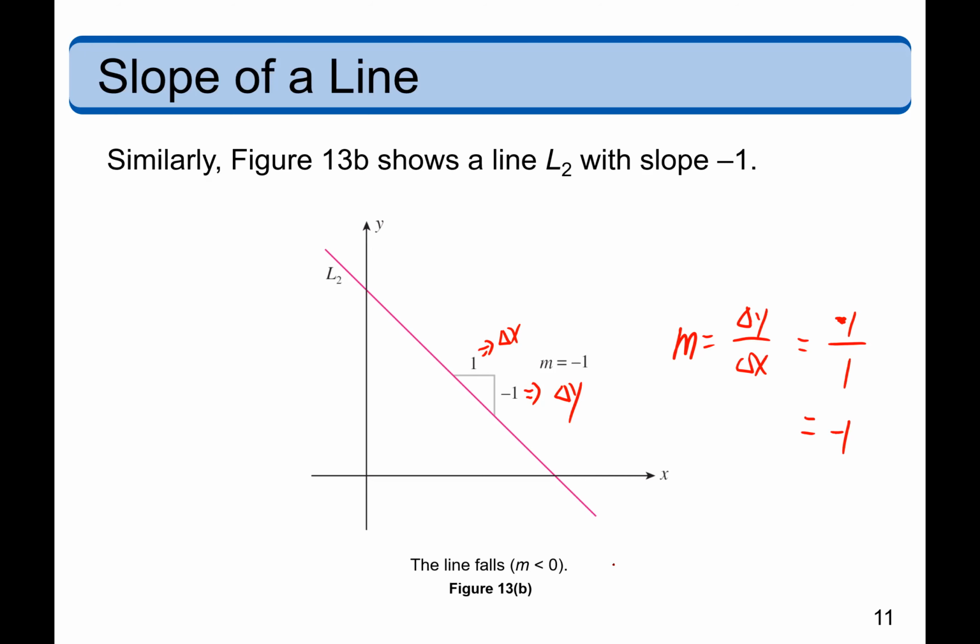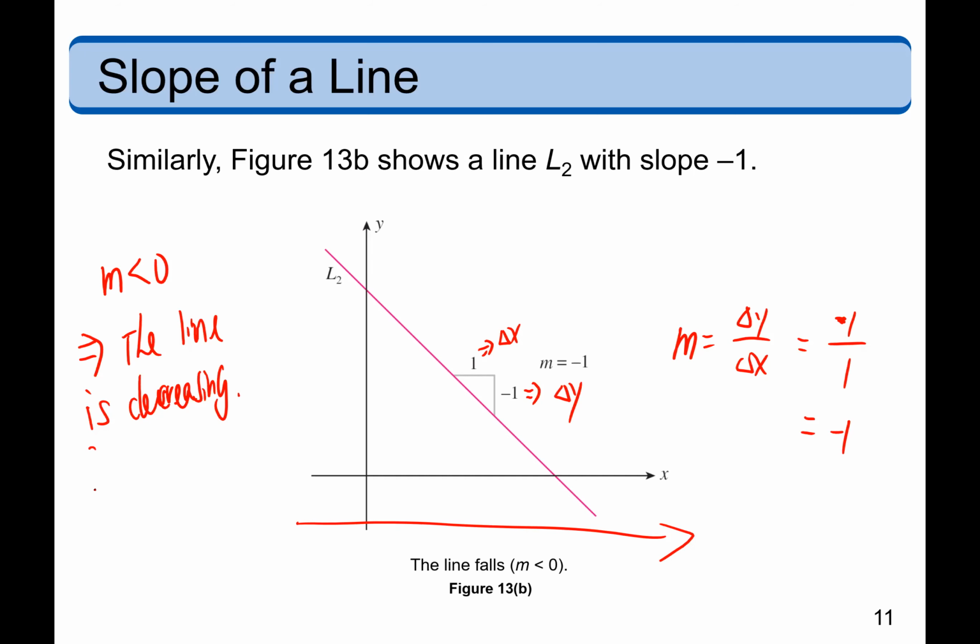So when the slope is less than 0, the line is decreasing from left to right. We also call this a decreasing line.